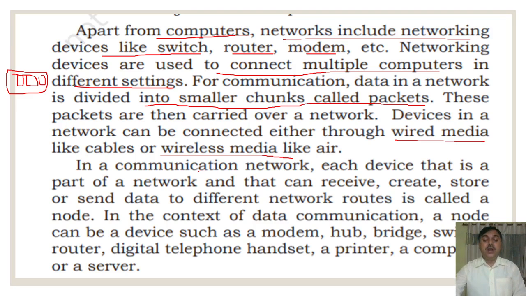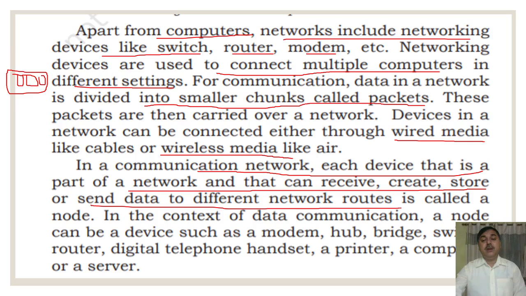In a communication network, each device is a part of the network, and it can receive, create, store or send data into the network. Each such device is called a node. Suppose there is one computer, and there is another computer, and this is our main computer server.